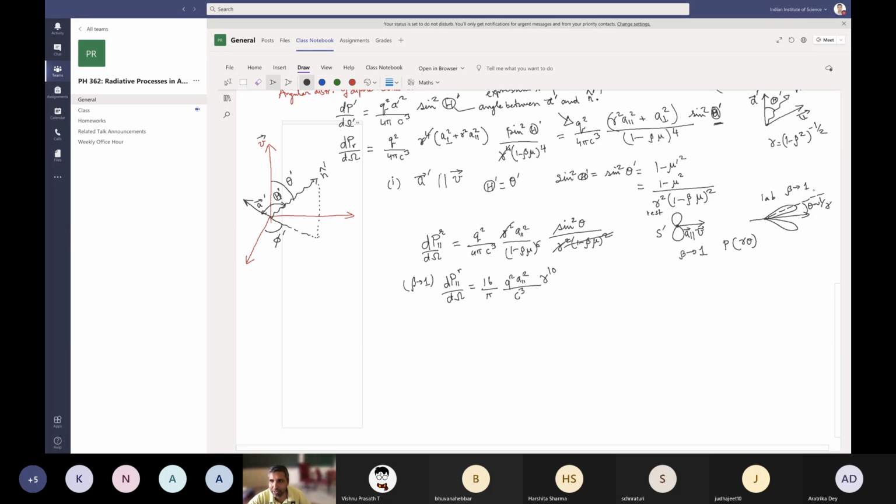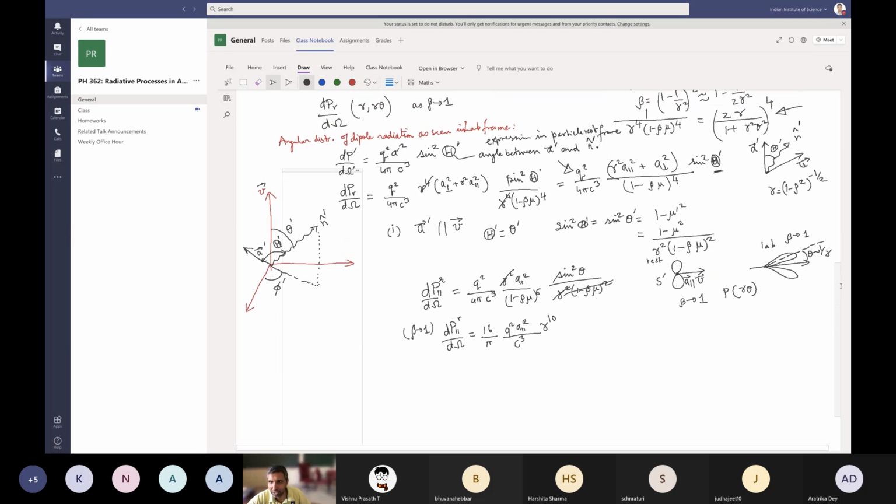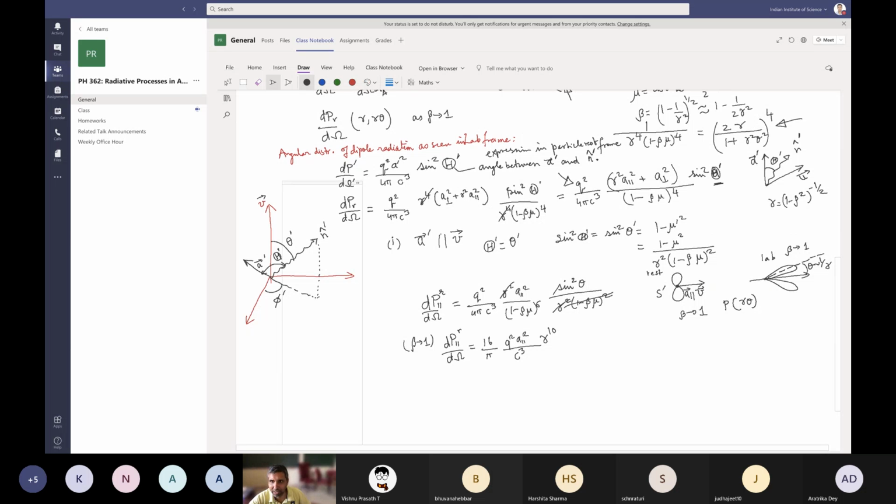This gamma to the 10 comes from these formulae. 1 minus beta mu to the 6 will give a very strong dependence on gamma. Gamma to the 10 times gamma squared theta squared by 1 plus gamma squared theta squared to the power of 6. So this 6 is just this 6.